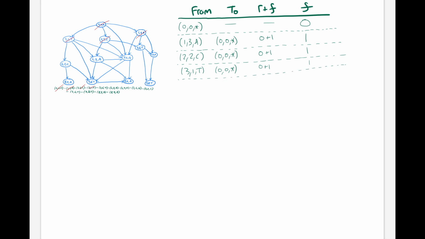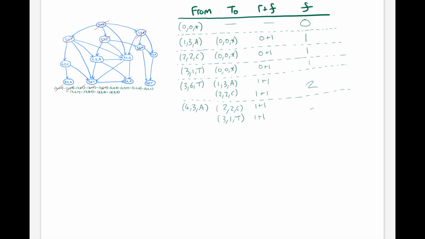How about 3,6T? So from here, we can go either to 1,3A or 2,2C. Either way, this would get a value of 2. Next, we will analyse 4,3A. From here, we can either get to 2,2C or 3,1T.